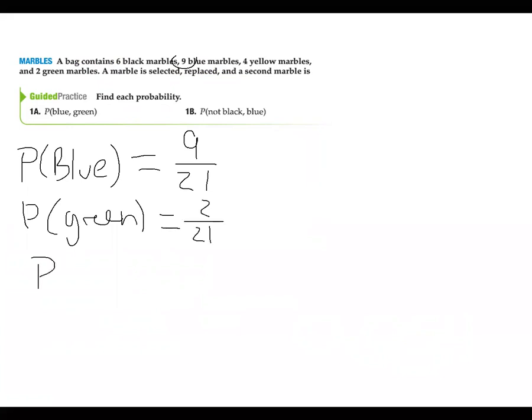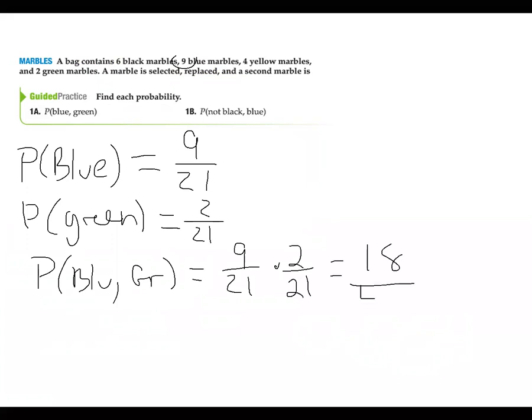So the probability of blue and green is 9 out of 21 times 2 out of 21, which is 18 out of 441. Now, if you turn that into a decimal, it's about 0.041. So about 4.1% chance that you will pick a blue marble and then a green marble.